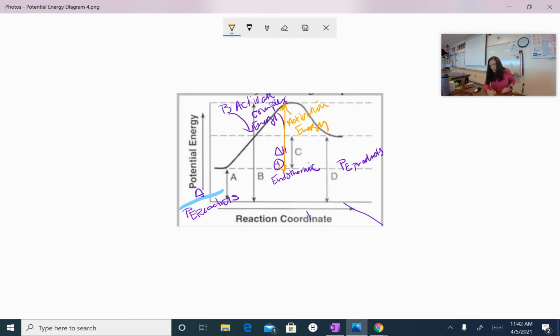Okay. Now, can I do the activation energy of the reverse reaction? I sure can. Now, activation energy is also shorthanded as E sub A, like this.